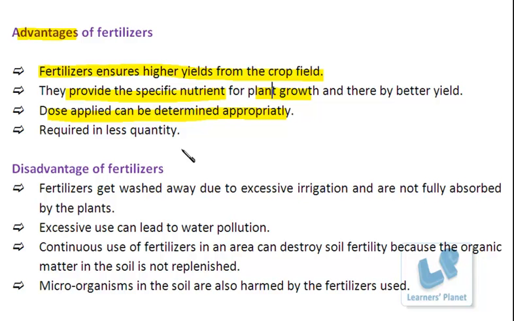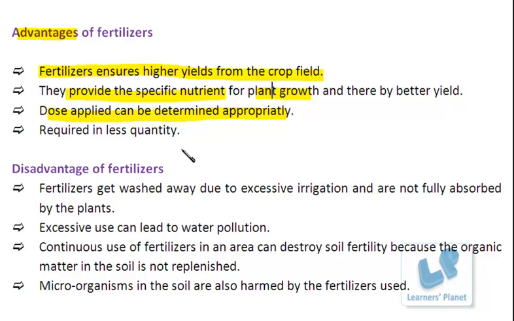And since these fertilizers are rich in a particular type of nutrient only, how much concentration is required to improve the plant growth can be studied at the laboratory level itself. And then according to that, the dose can be designed, because it varies from one place to another, from one field to another. So accordingly, in this process, the required dose can be designed.